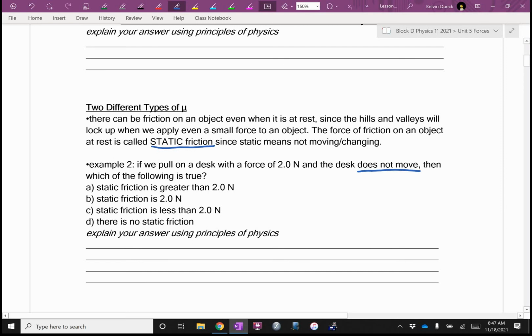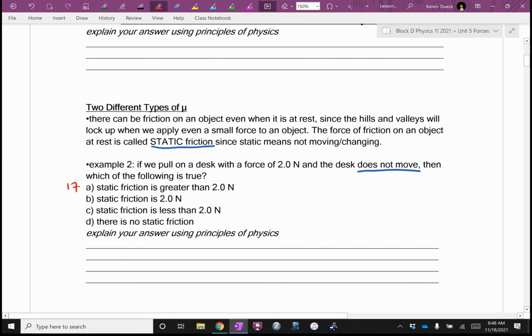Once again, guess what? We're going to vote. How high you hold your hand up is how sure you are of the answer. So there's our situation. I pulled on Mud's desk with 2 newtons. It did not move. Which of the following statements is true? Who says, Mr. Duick, obviously static friction is bigger than 2 newtons? 1, 2, 3, 4, 5, 6, 7. 8, 9, 10, 11, 12, 13, 14, 15, 16, 17.